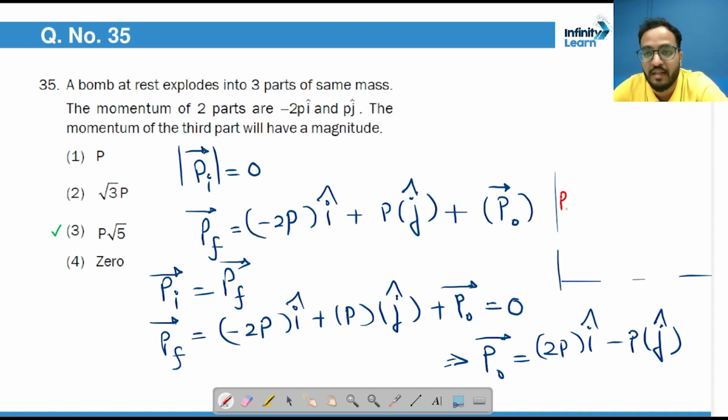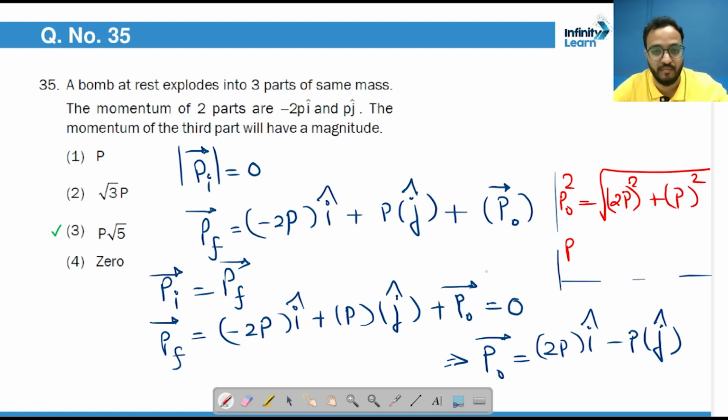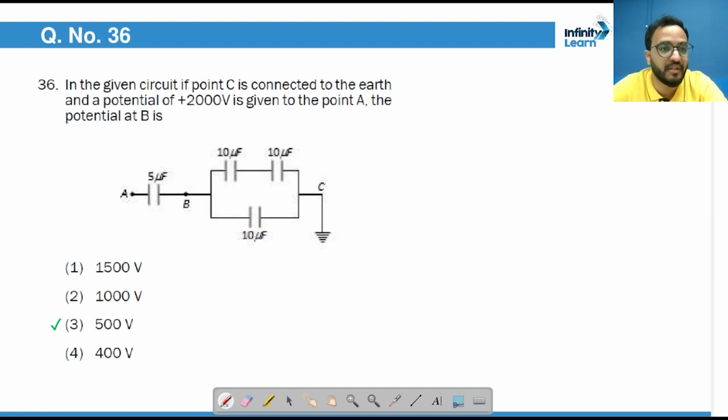So p naught is the square root of (2p) whole square plus p whole square. Write this. So what is p naught? P naught is root 5 p. Got it? So which option is correct? Third option is correct.